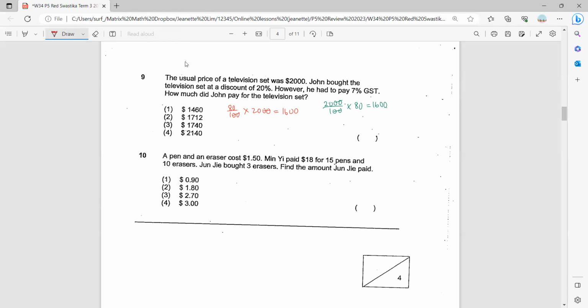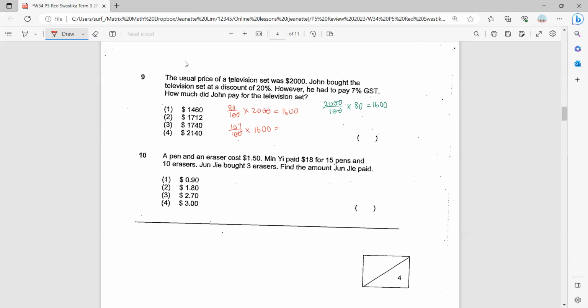Now we want to find the price after GST. When we talk about GST, this 1600 is now 100% because it's before GST. So you are supposed to find 107% of this 1600. Then calculate this.